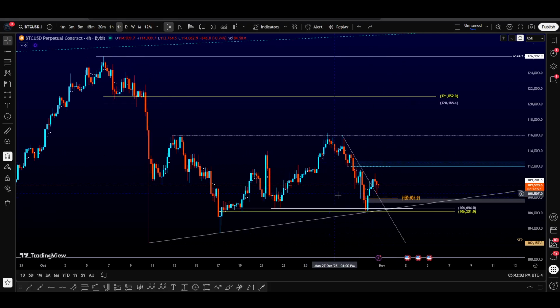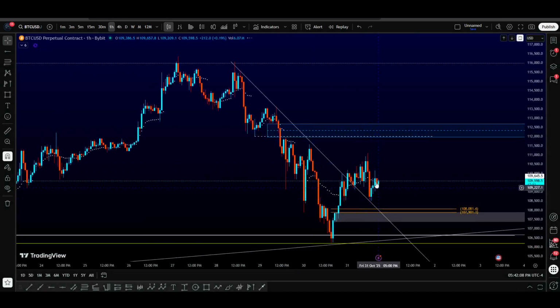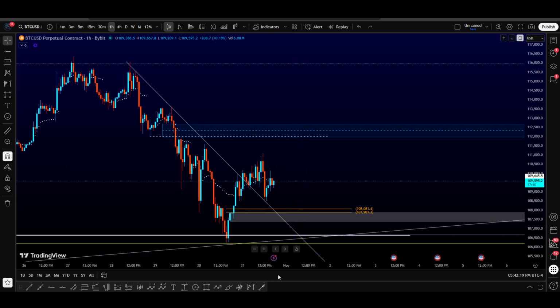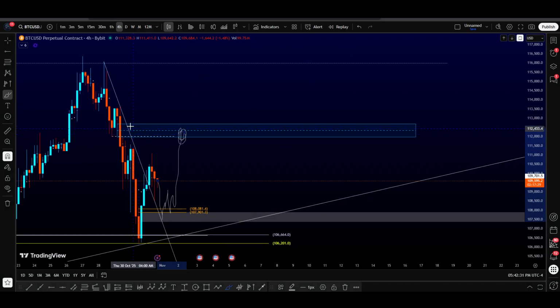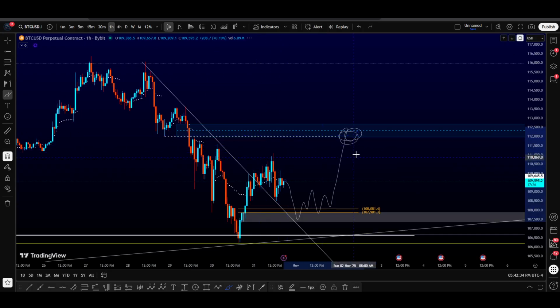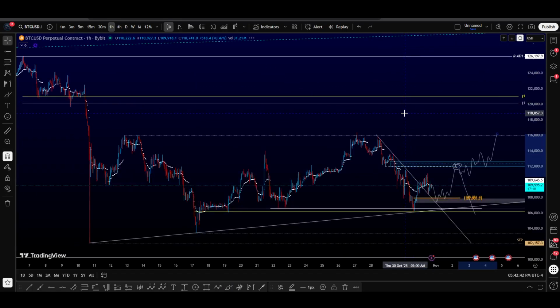What I'm expecting to happen is two things. We can either continue to slowly sell off here, if I go to the 1 hour, slowly sell off into this zone, where we have local 1 hour demand, and we have the golden pocket lining up right above that demand level as well, which can possibly lead to a bounce, tapping this 1 hour or 4 hour fair value gap to the upside before either retracing all the way back down, or maybe we just get some consolidation, price moves above and targets the range high one more time, right?